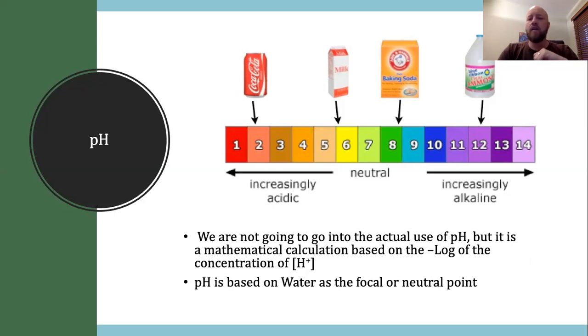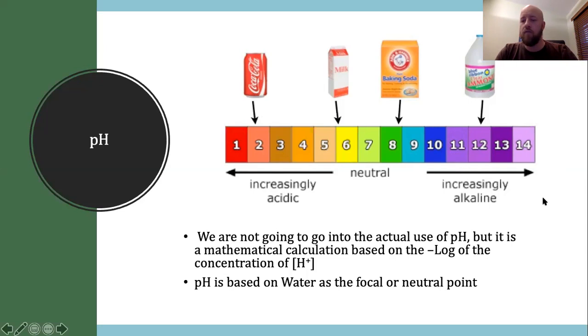Acidic scales range from 1 to 14. So this is the acidic scale. Things that are highly acidic are lower in number, and things that are alkaline or basic are higher in number. The reason for this is because the calculation is a negative log calculation.